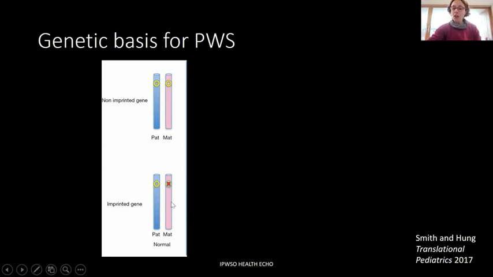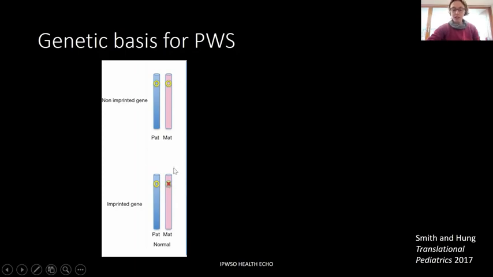At only around 150 loci across the genome, so not very many places, imprinting has occurred. Putting aside the X chromosome, which is different, for autosomal genes, there's only a very small number that are imprinted. And what does imprinting mean? It's a process by which, very early on after conception, one or other of the copies of a gene, or set of genes, is switched off.